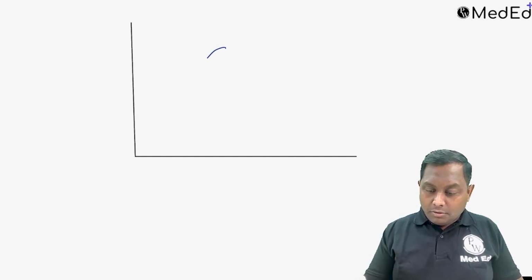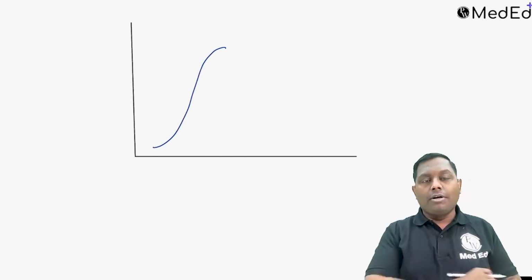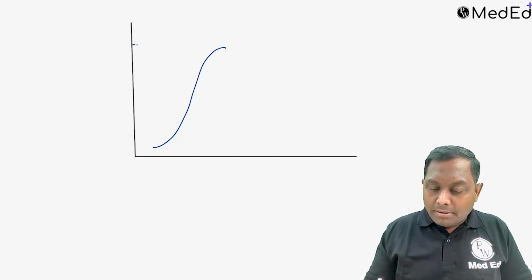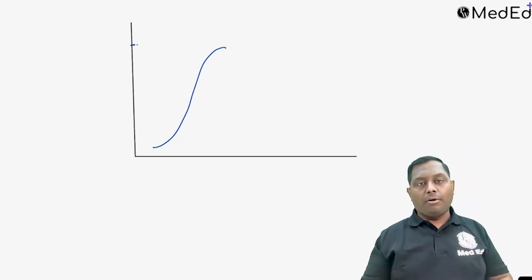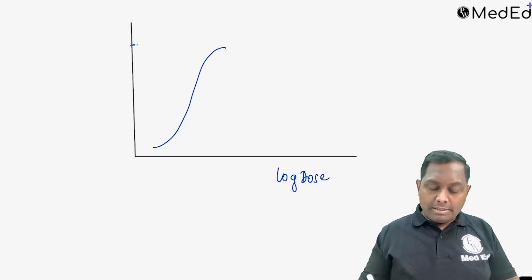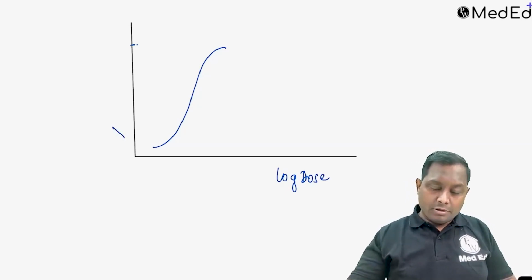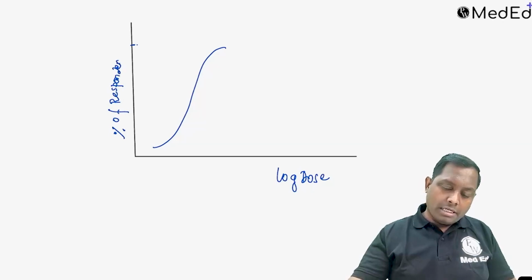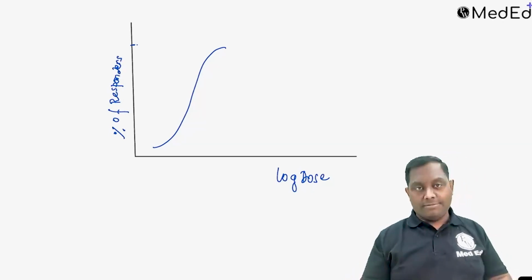So let's say you give a drug, and this is the maximal amount of responders. The x axis is the log dose, and this is going to be on the y axis, the percentage of responders. Note that the y axis is written as responders.